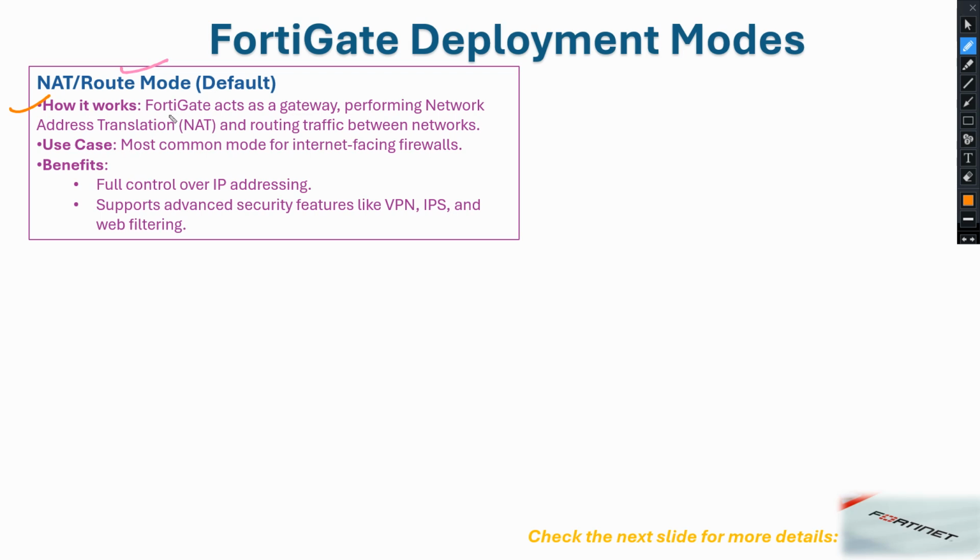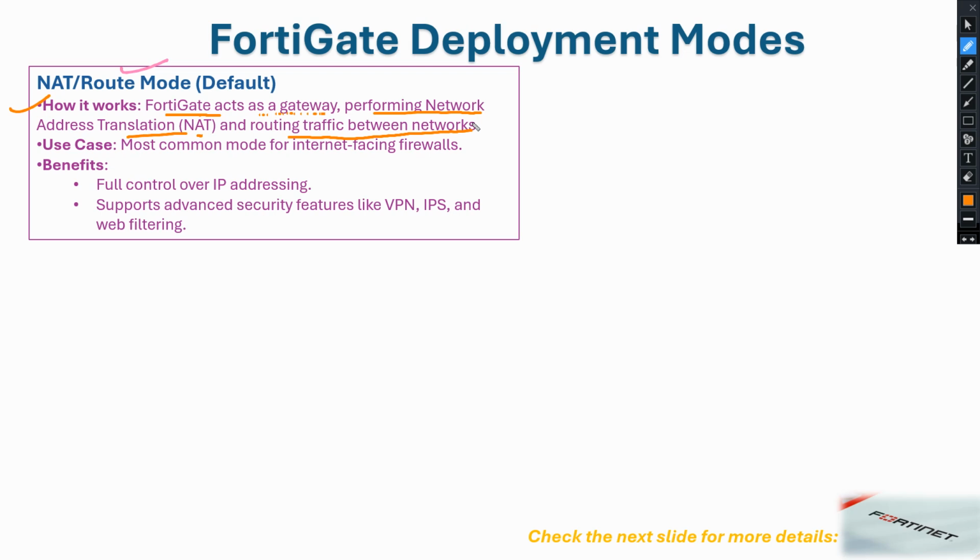How it works? The FortiGate acts as a gateway performing network addressing like NAT and routing traffic between networks. Most of the time you will see this type of deployment, with IPsec VPNs, NATing over there, and the major task is NATing and routing.